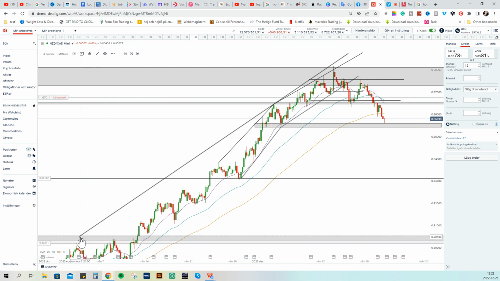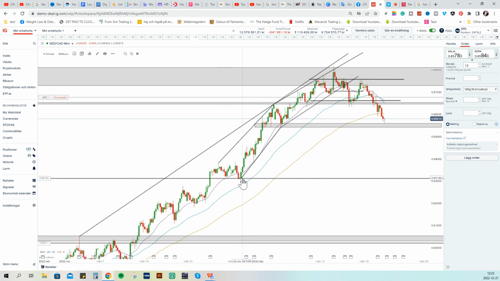I have connected the top here and the pin here, and the line goes here. This diagonal line, I have connected the very tops, 1, 2 here. And then you can see that the price never touches, well, almost here. So then I have connected the other tops here and here and here, 3 times.